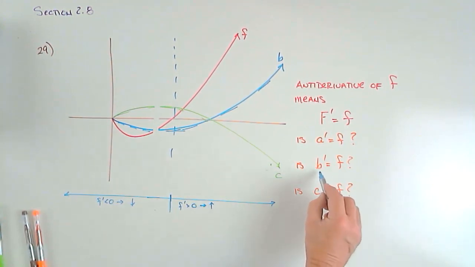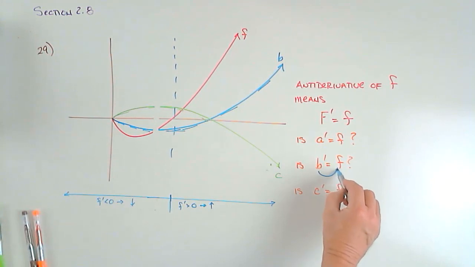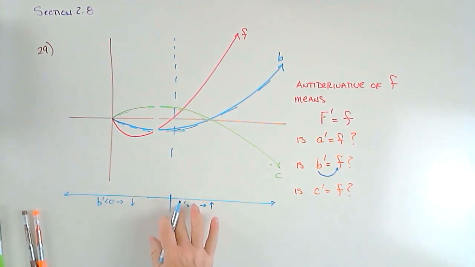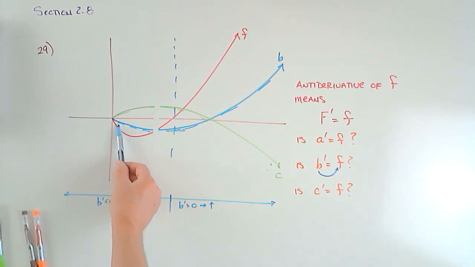So we want to know, is the derivative of B equal to F? Well, does F satisfy those conditions? We're talking about B, not F. The derivative of B is negative here.